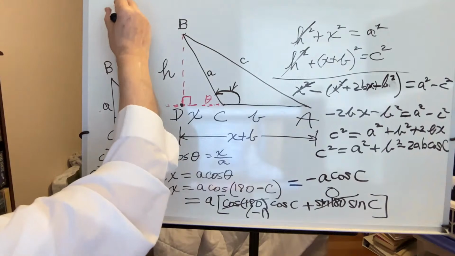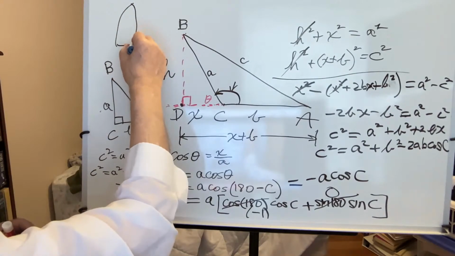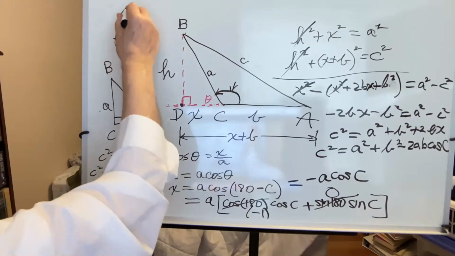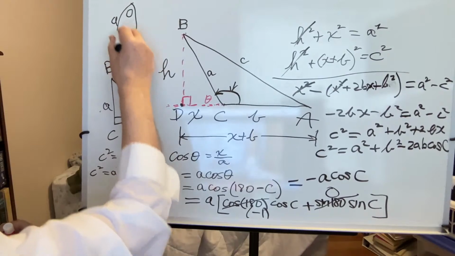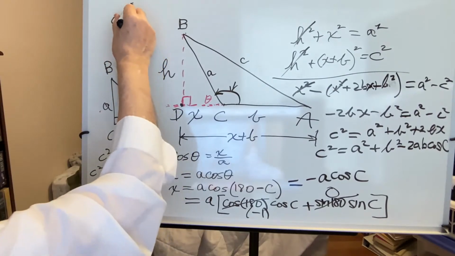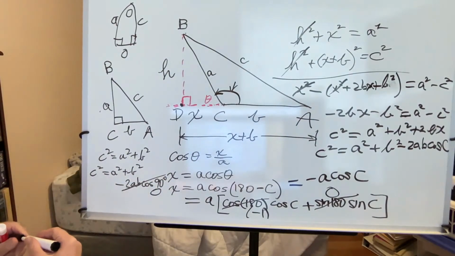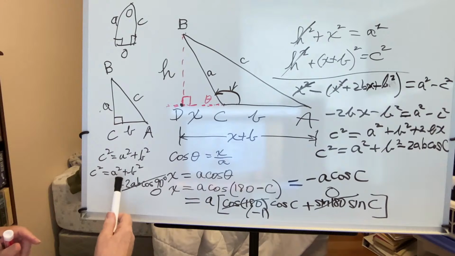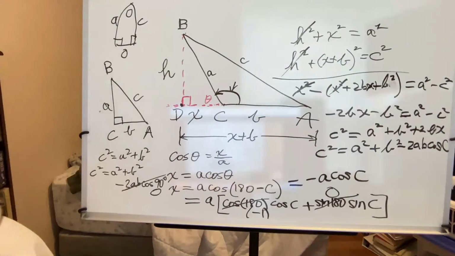You can see, in an intuitive way, if both of these are 90, this is 0, there's nothing left over for B. So the case where angle C is a right angle also agrees with the law of cosines. And so that's the end of this story.